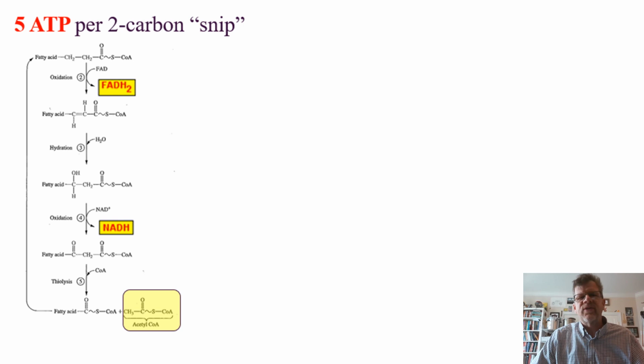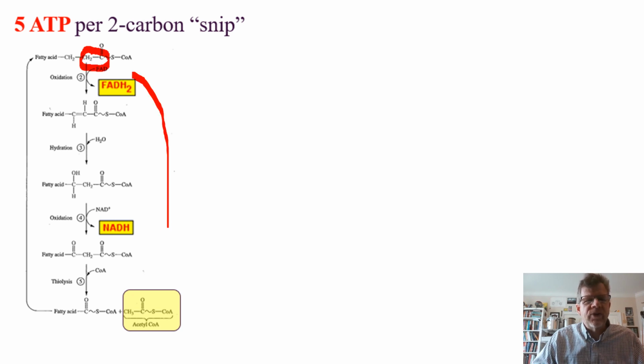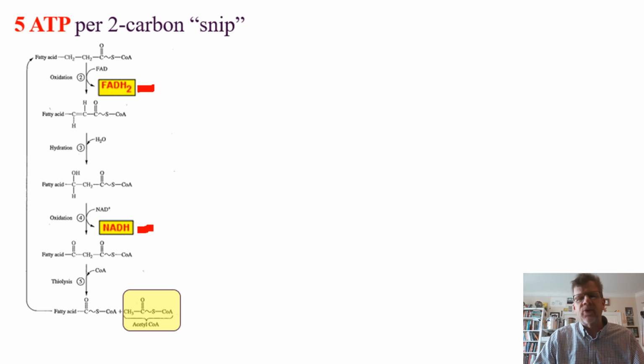one 2 carbon snip. And we did this a little bit before, but again, it's important that we get a sense of how much ATP energy is produced per 2 carbon snip. Well, the snip itself, taking those initial two carbons that are going to become acetyl-CoA, removed from it, that process drives the formation of one FADH2 and one NADH just by snipping two carbons from that chain, which ultimately ends up as acetyl-CoA.